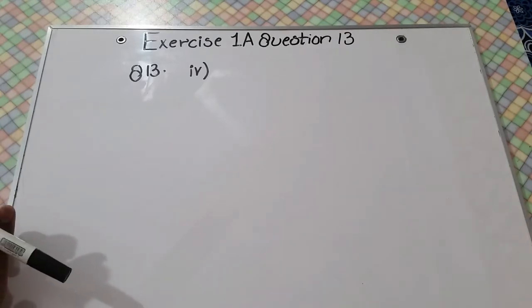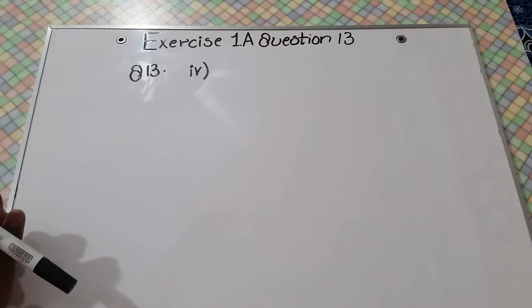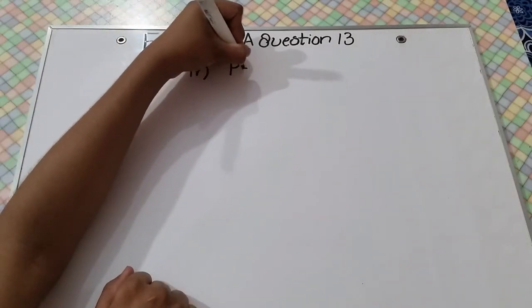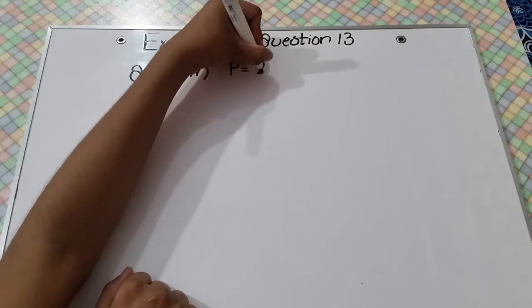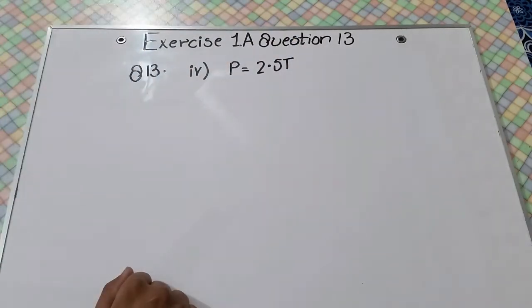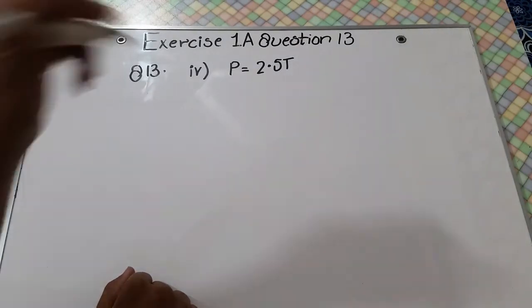So in part 4, first we are going to find the values to plot. To plot the graph, the formula is p equals 2.5 t. First we are going to assume some values.